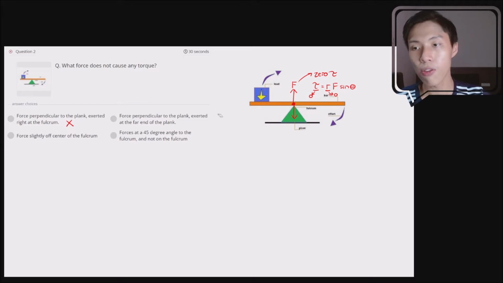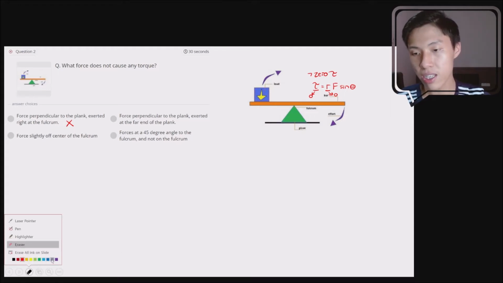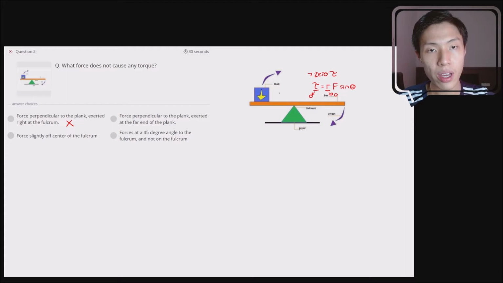So you have a force which is slightly off center of the fulcrum. That means you exert a force, but that force is slightly off center, so probably somewhere here. It didn't state whether the force is perpendicular or at an angle, so in this case we just assume that it's something like this.